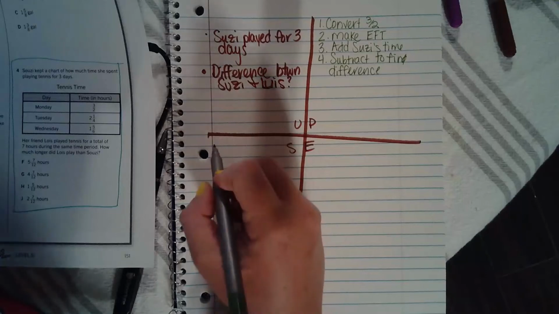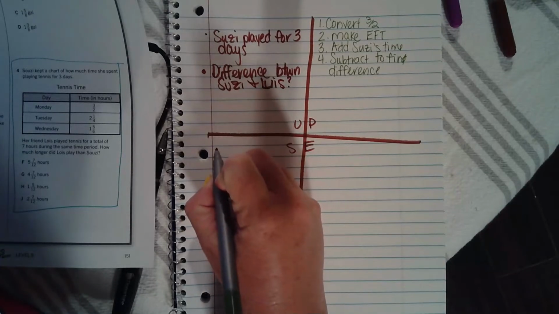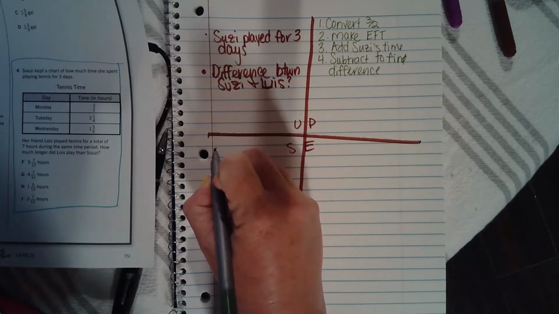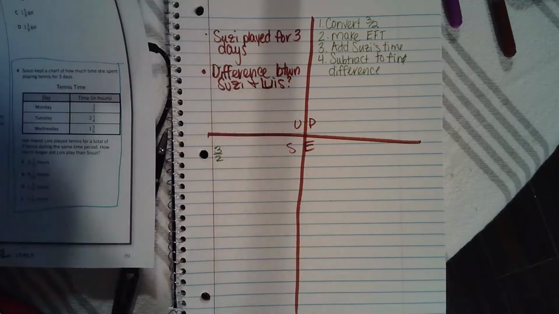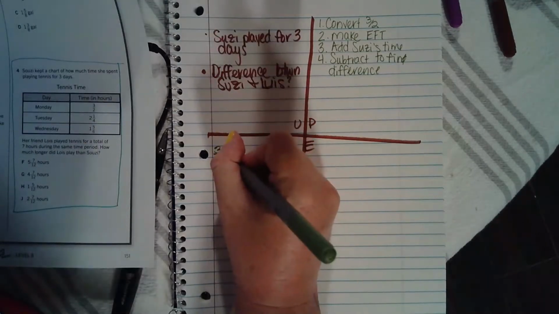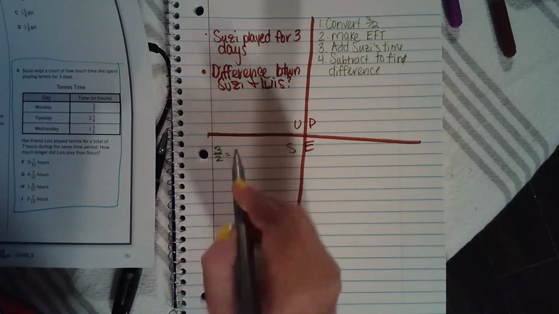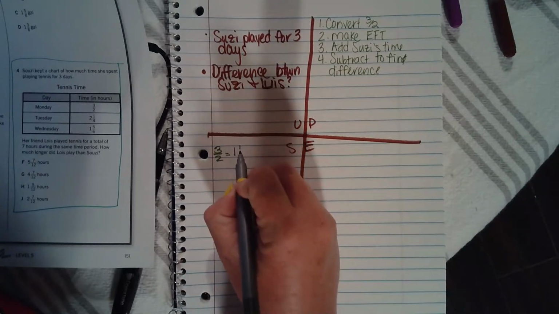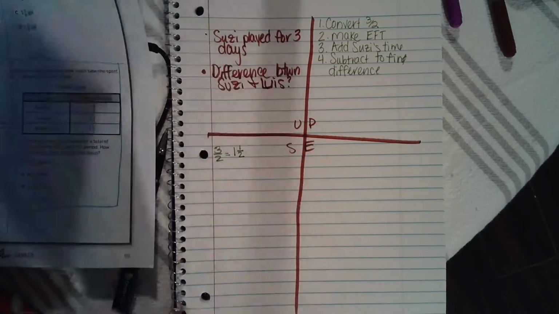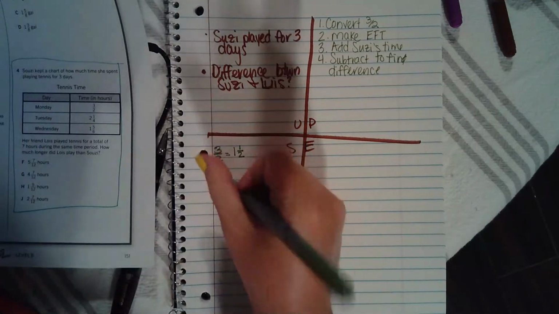Okay, so we're going to convert 3/2, which equals, I can make one whole group of 2 out of 3, and that leaves me 1 left over, so 3/2 equals 1 and 1/2.